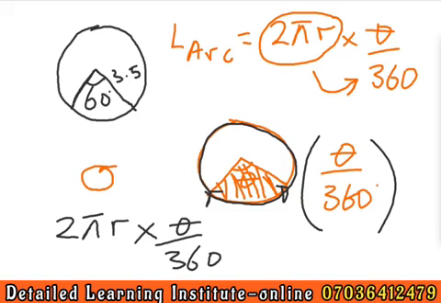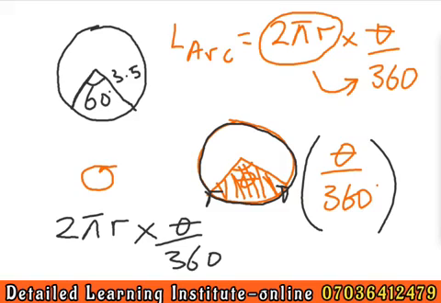Just understand that the sector cuts a part out of the circle, and that part, when we look at it in terms of the angle and place it in a ratio with the overall angle of the circle, we say theta over 360. That is the portion of the sector. Now what is the circumference of that portion?